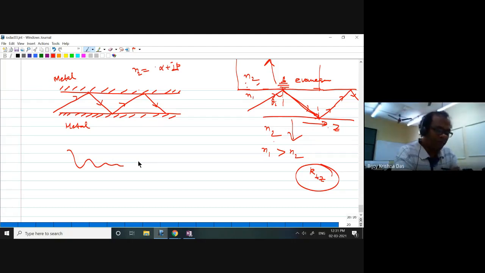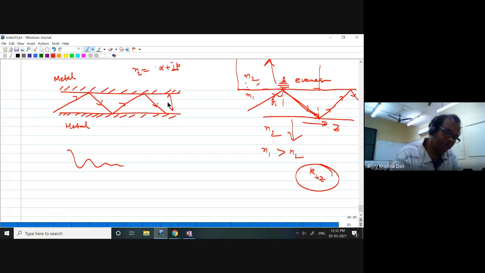Other than that, the major thing you are not catching. Normally, if you want to confine in a microwave waveguide, the microwave wavelength is in the centimeter, millimeter range, right? So the distance between two metal plates should be in the millimeter range, right?